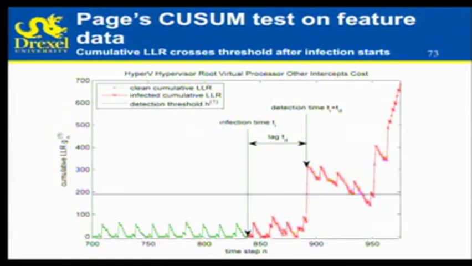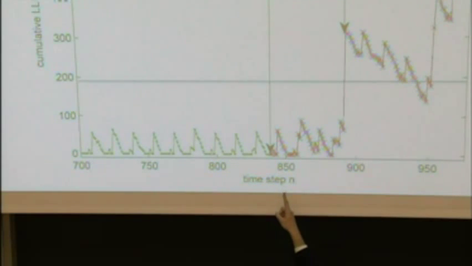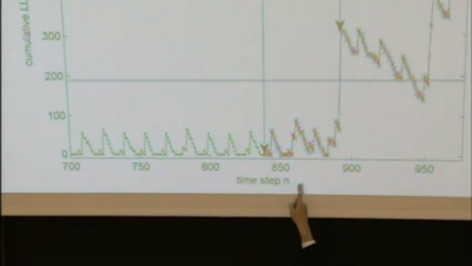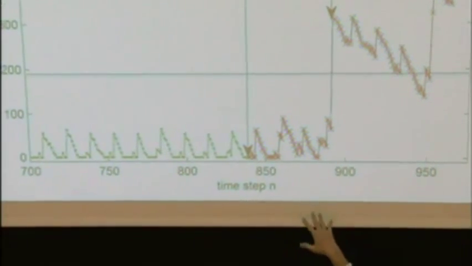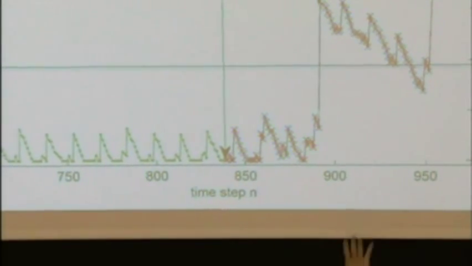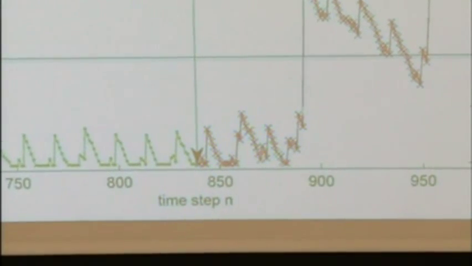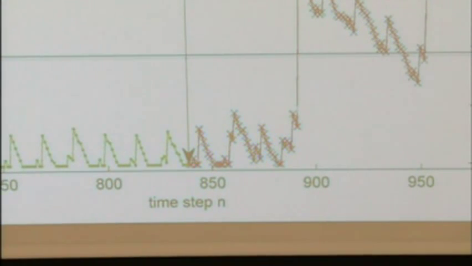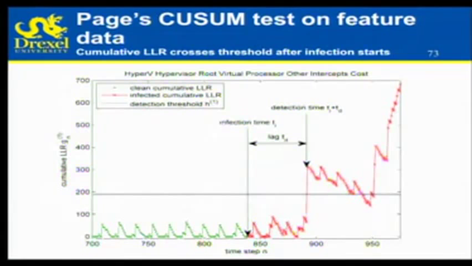This is the infection time here, and as soon as the infection happens, you'll see that the QSUM starts behaving a little bit differently. And in fact, at some point, it goes over the threshold boundary and takes off after that. So the idea here is if you have lots of sensors that are exhibiting this at the same moment in time, then you become increasingly suspicious and you say, oh, something strange is happening.